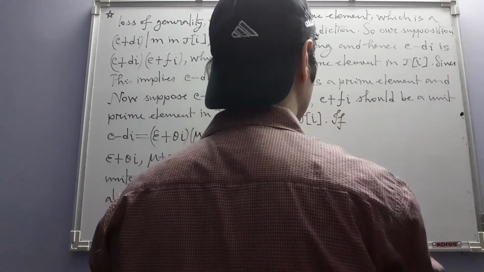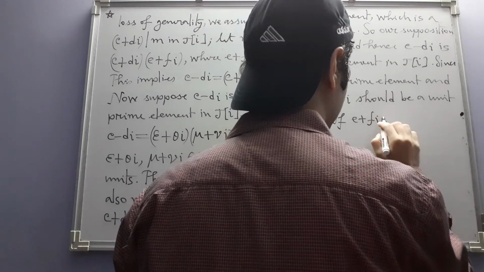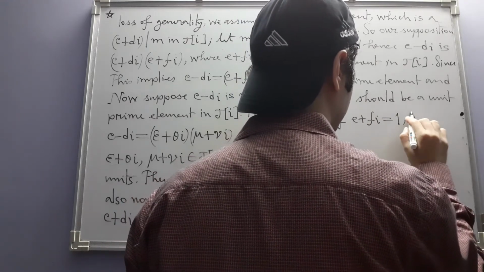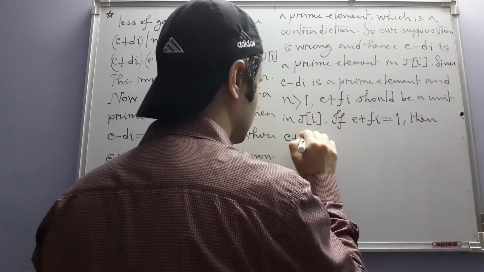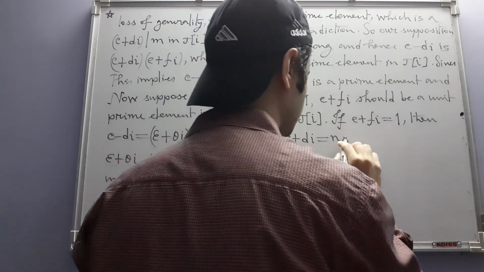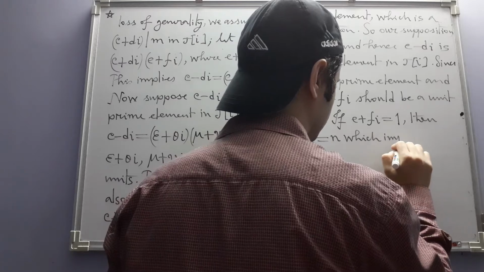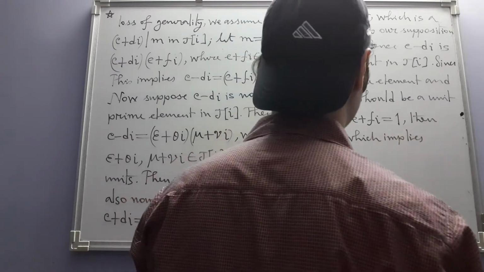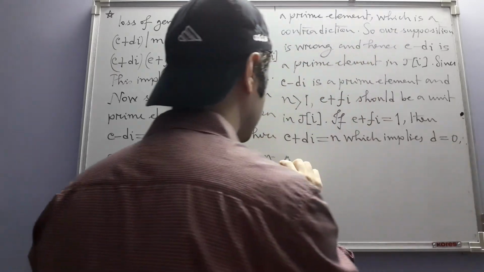Let us see the individual cases. If e plus fi is equal to 1, then c plus di is equal to n, which implies d is equal to 0, a contradiction.